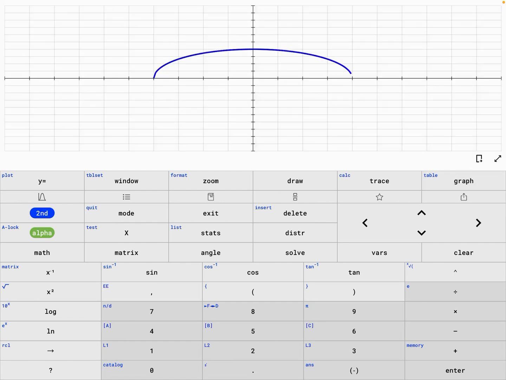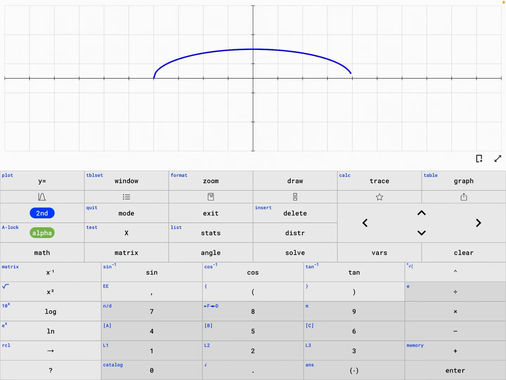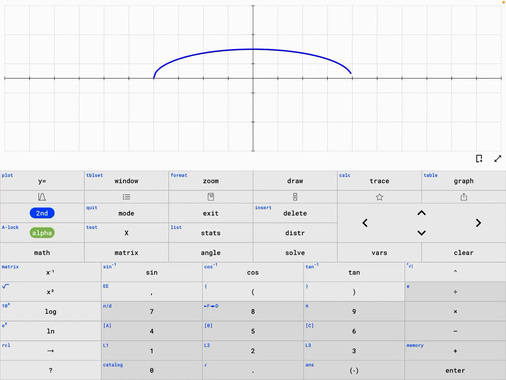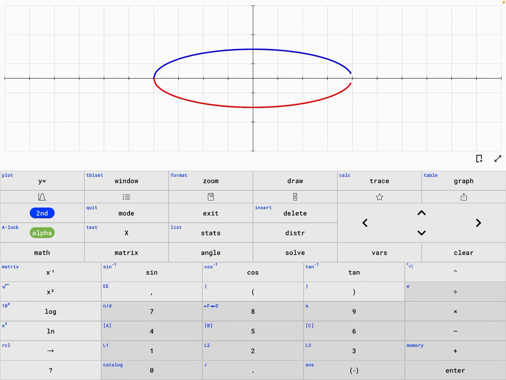Something's up with this, probably because I have my iPad tilted horizontally. What if I make the scaling by 4? Anyways, you see that this is by 4: 1, 2, 3, 4. And then I also need to graph the lower half of that. So this is going to be square root of, oh whoops, I need to include the negative. So negative square root of 16 minus x squared. And when I graph that, I'll get the bottom half of the circle.